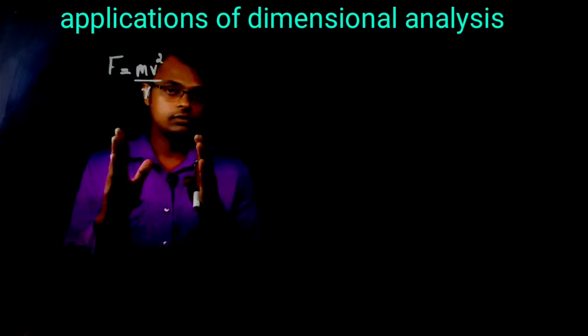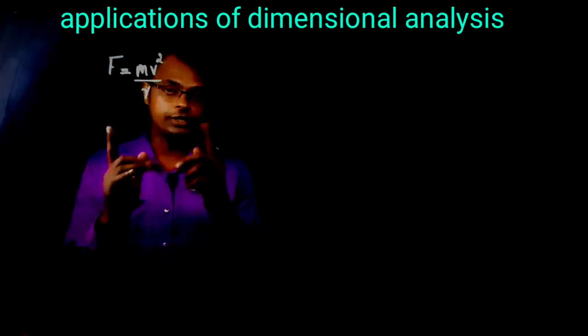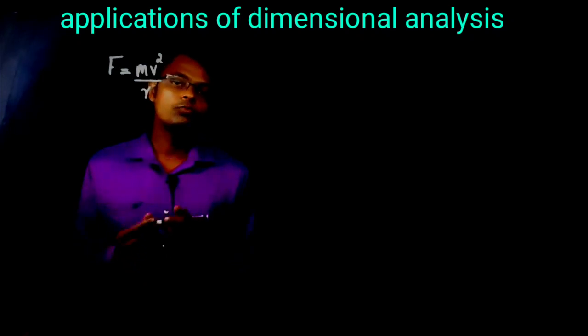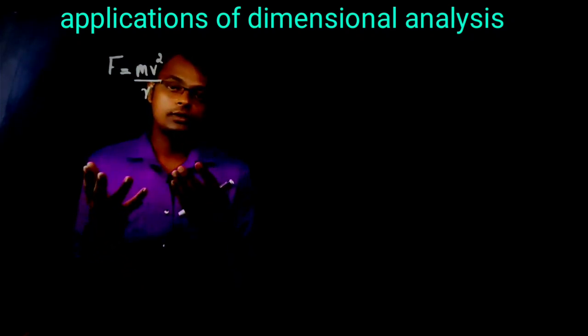What is the question? Prove the principle of homogeneity, or check the correctness of this given relation. We are going to check whether this equation is correct or not. So how do we prove whether this equation is correct or not by the application of dimensional analysis? This is a way to prove it.